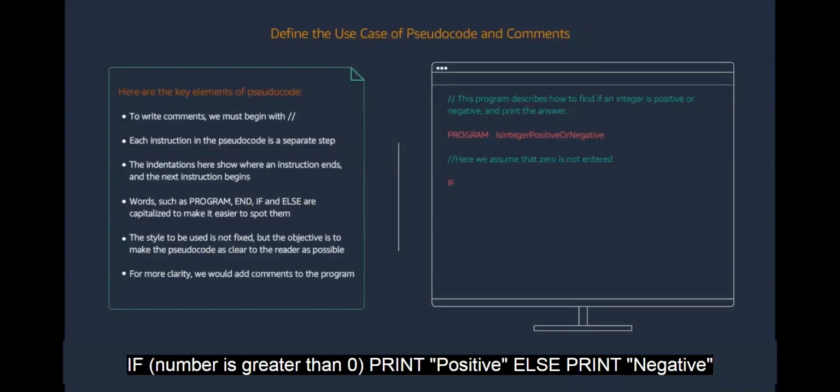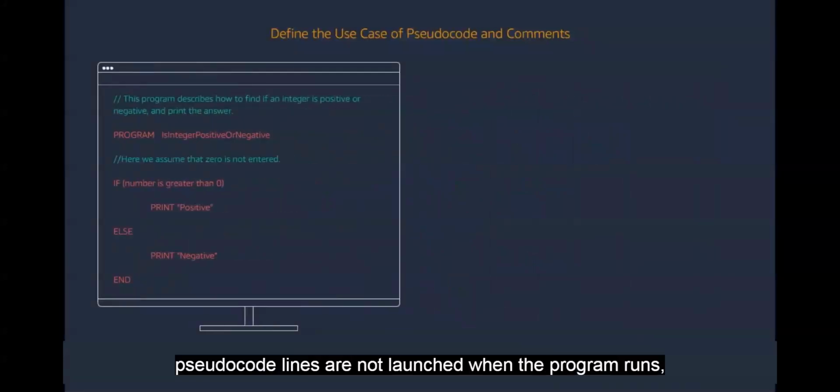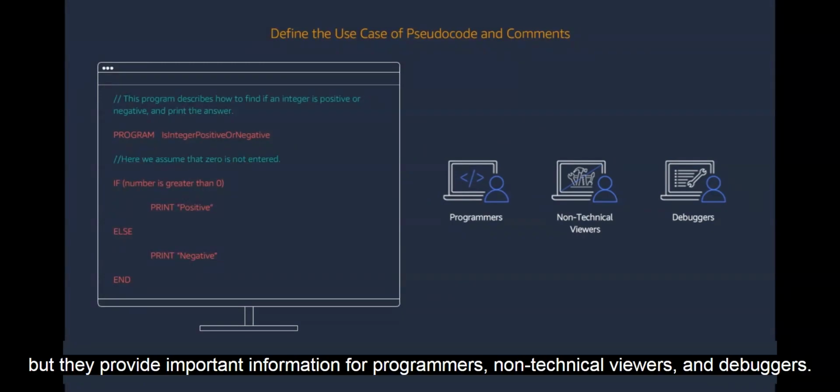If number is greater than 0, print positive. Else, print negative. End. As shown in this example, pseudocode lines are not launched when the program runs, but they provide important information for programmers, non-technical viewers, and debuggers.